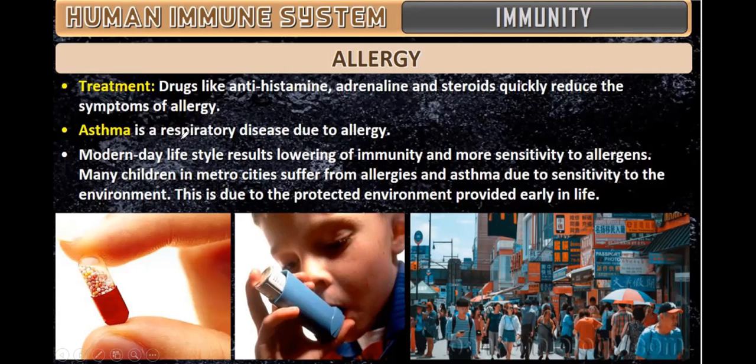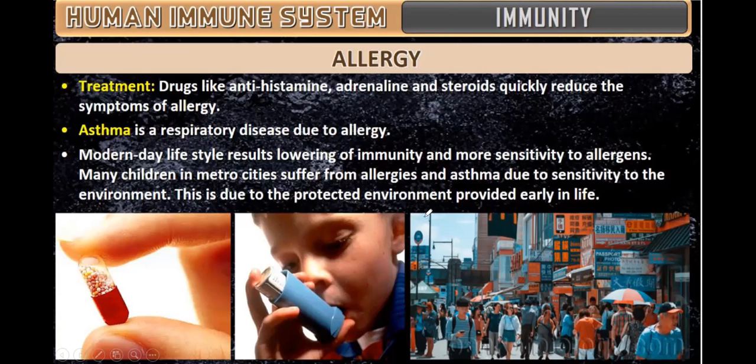What is asthma? It is a respiratory disease due to allergy. Asthmatic patients suffer because of allergy. Modern day lifestyle results in lowering of immunity and more sensitivity to allergens. Many children in metro cities suffer from allergies and asthma due to sensitivity to the environment.